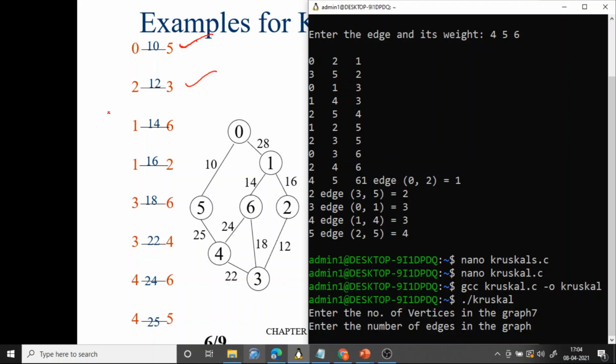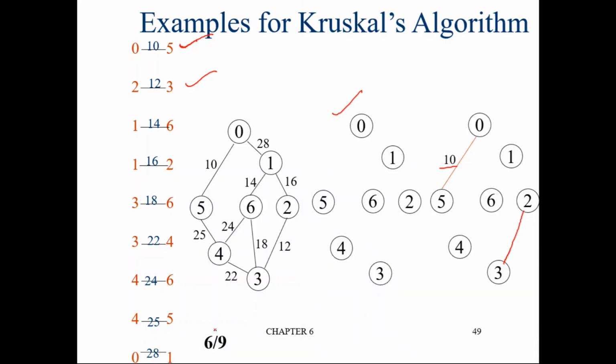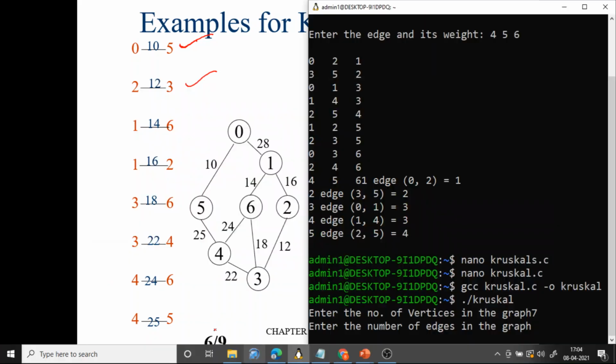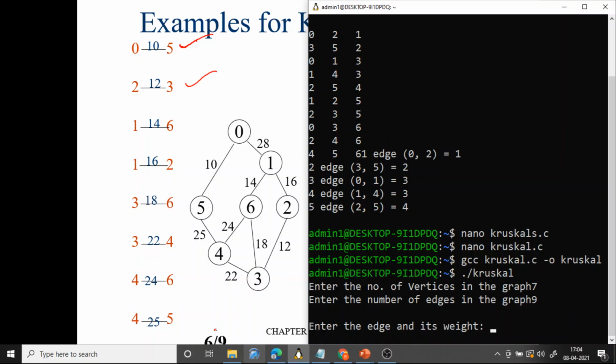Number of edges is 9: 1, 2, 3, 4, 5, 6, 7, 8, 9. One more edge is here, it's not visible. Actually, it is 7 and 9, so number of edges are 9. Now enter the edge and its weight, one by one. We need not add them in this order. From this graph we can add.